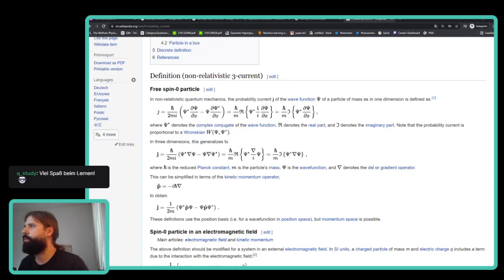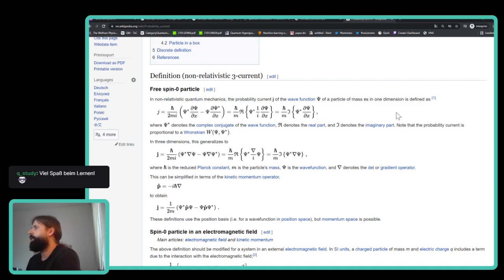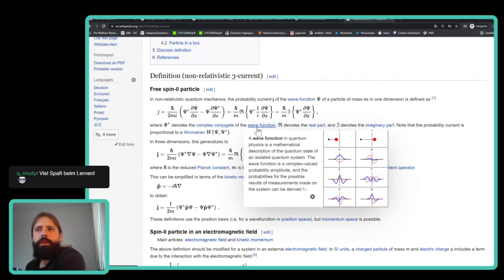Free spin 0 particle. In non-relativistic quantum mechanics, the probability current J of the wave function psi of a particle of mass m in one dimension is defined as, oh god, the wave function.